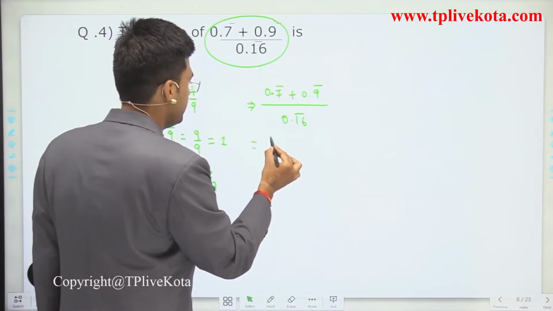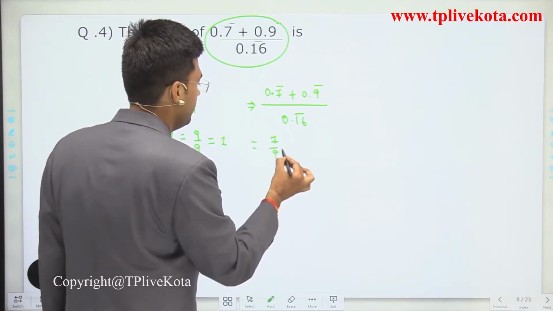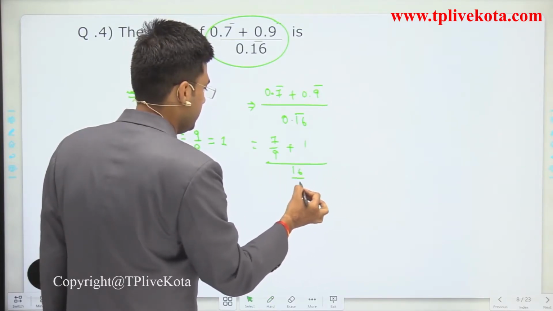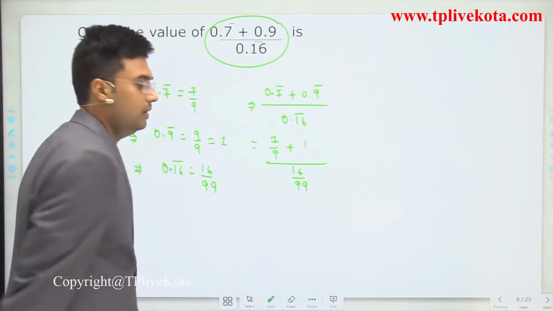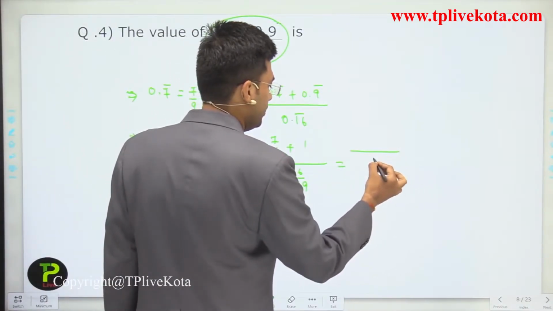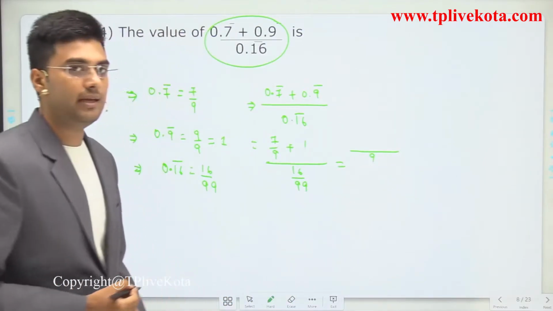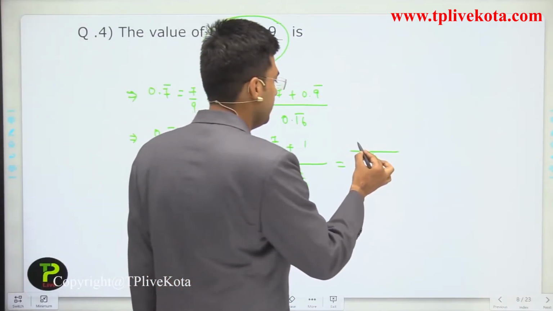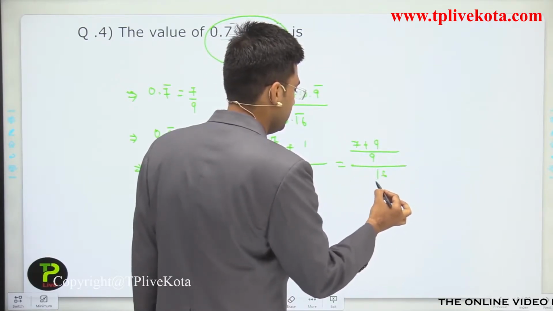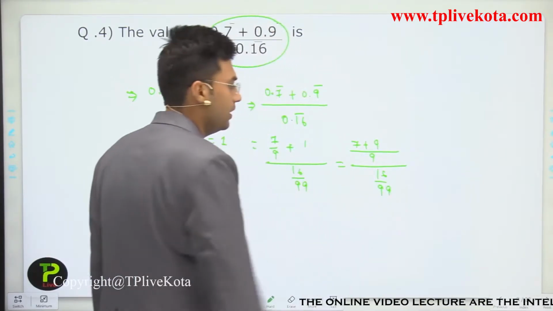We will get 7 by 9 plus 1 divided by 16 by 99. When we solve this, in the numerator we have to take LCM 9, and it is equal to (7 plus 9) divided by 16 upon 99.